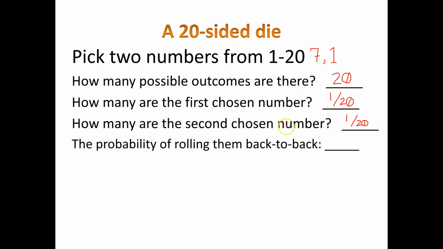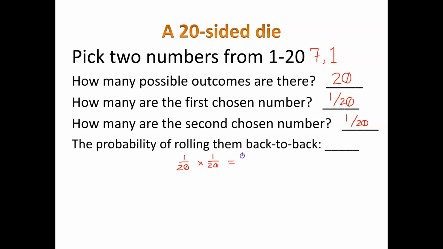So the probability of rolling them back to back is going to be this probability multiplied by this probability. We're going to do 1 out of 20 multiplied by the second thing we want to happen, 1 out of 20.